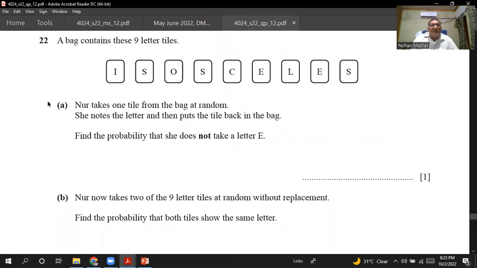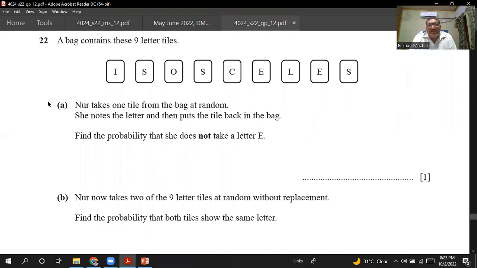A bag contains these 9 letter tiles. This word is isosceles, ISOSCELES. Okay, so these are 9 tiles. Noor takes out one tile from the bag at random. She notes the letter and then puts the tile back in the bag.